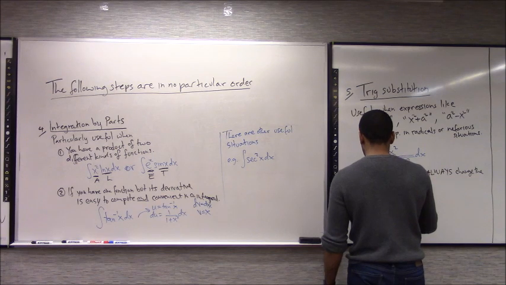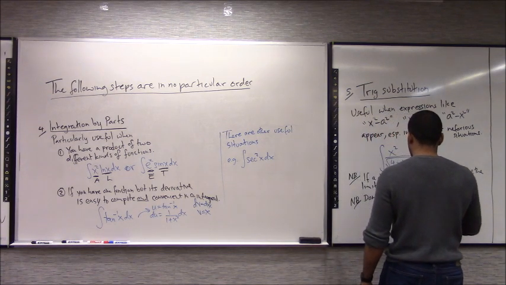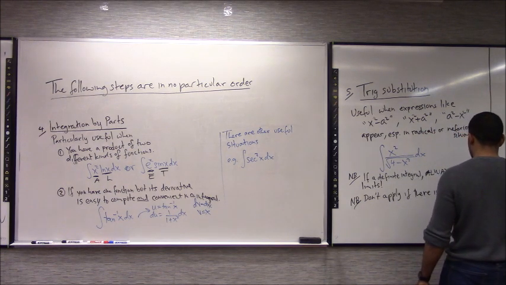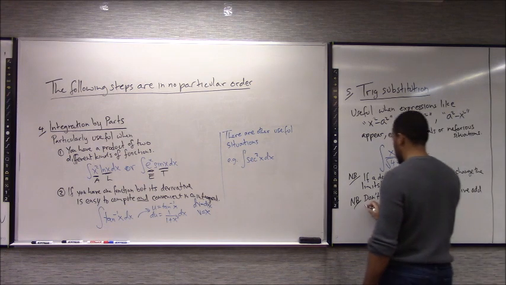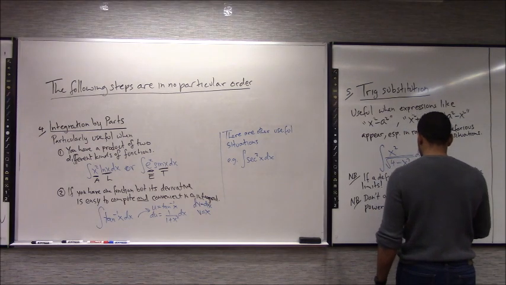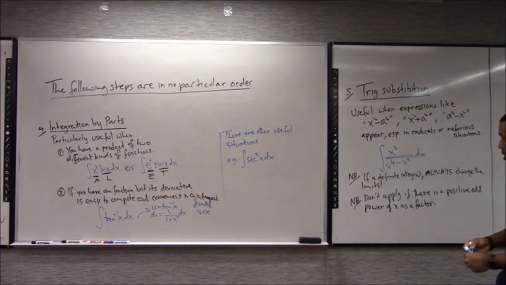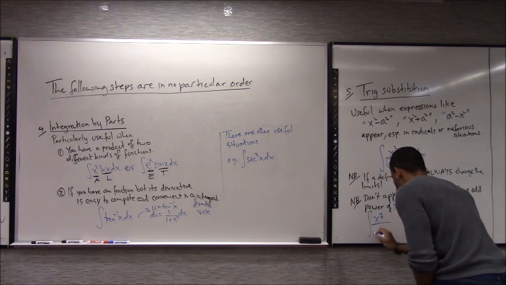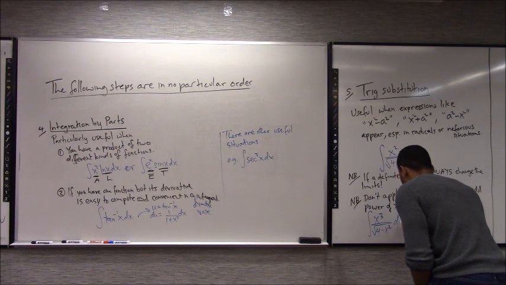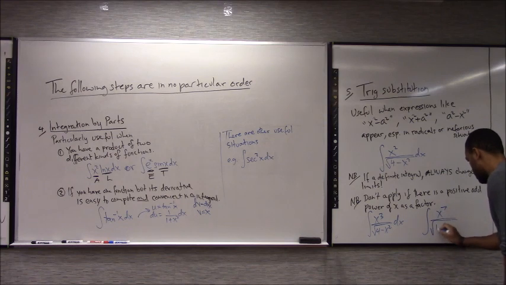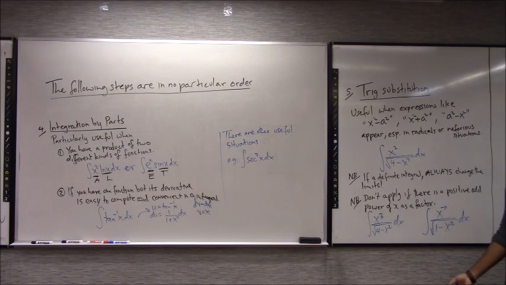Also note, don't apply trig substitution if there is a positive odd power of x as a factor. Right? So, for this regular substitution, trig substitution on these guys is a waste of time.